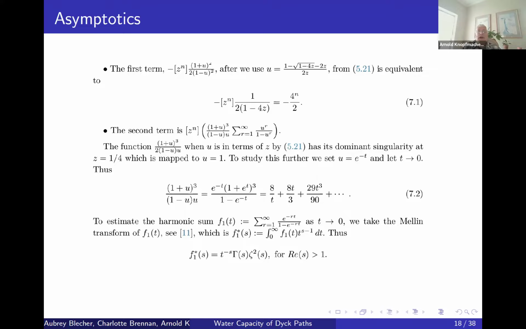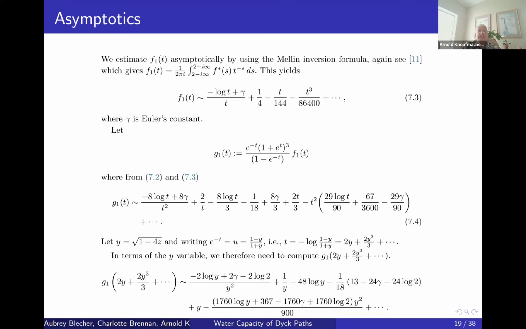But the good news is the behavior of these functions is something fairly well known. So what we have to do, after we have this nice expression with gamma functions and zeta functions, is we want to revert to the t variable, and for that we have to use the inversion formula, which is again an integral, but this time it's a contour integral over a vertical line in the complex plane, which has real part 2.